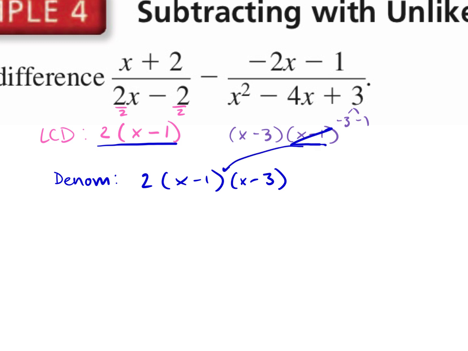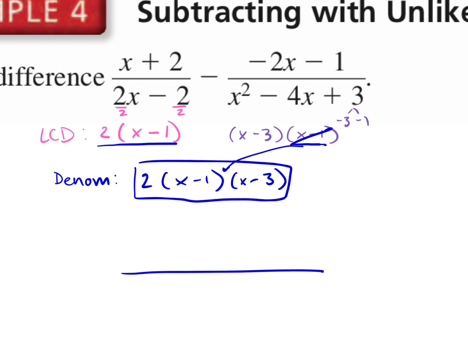So that's my pair, so I don't need to write the second one. Even though 2 is just a separate factor, we're multiplying it, so it's a different factor. Because I already have it listed, I don't need to rewrite it from the second group. So this is our denominator. I'm going to have whatever over 2 times x minus 1 times x minus 3.